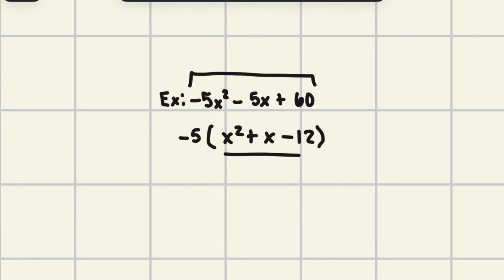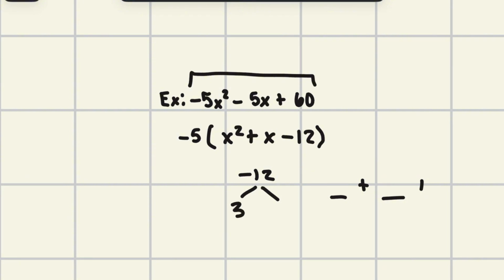So as you can see here, we're left with an equation that has a value of 1. So you can go ahead and use the method from the last video. So let's go ahead and find two values that multiply to negative 12, but also add up to positive 1.